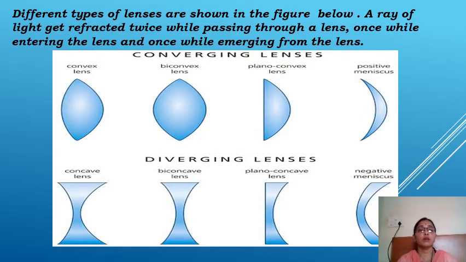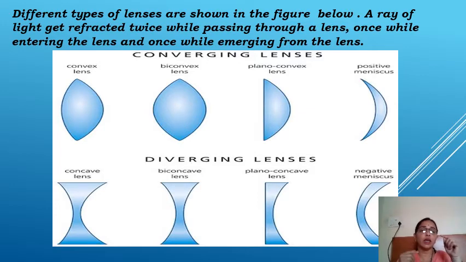Here you are going to see the different types of lenses, and if it is asked you can identify them. Different types of lenses are shown here. Now what happens to the lens when a ray of light enters the lens? It refracts two times.